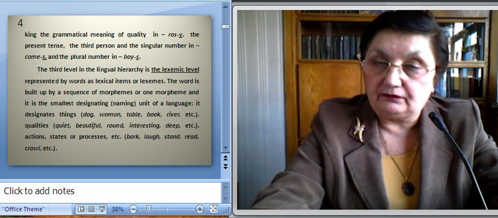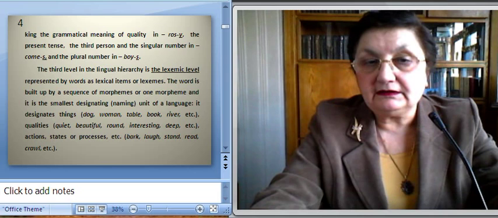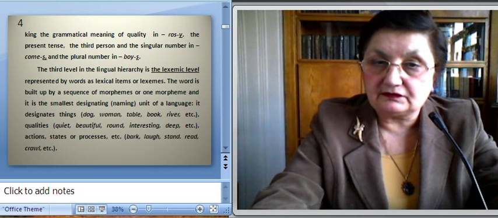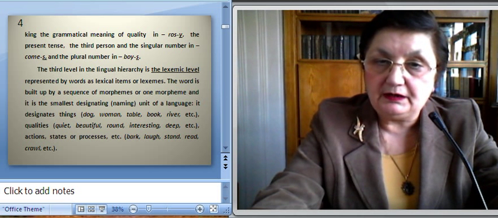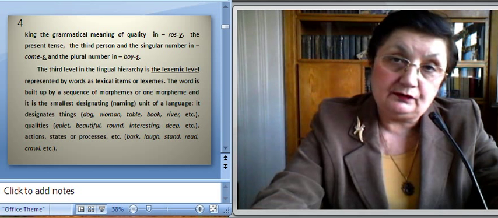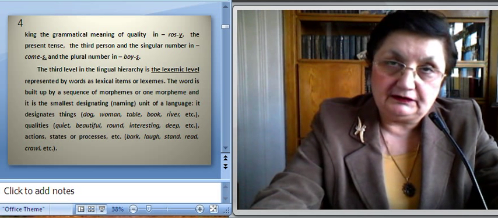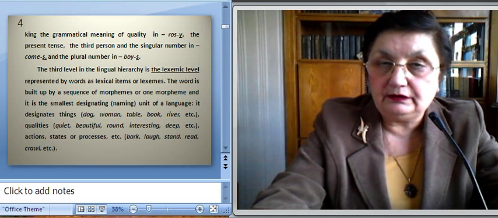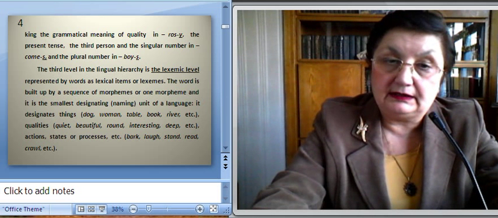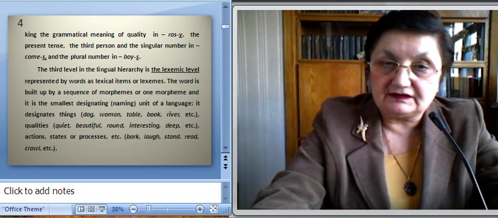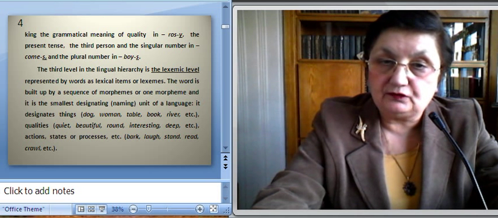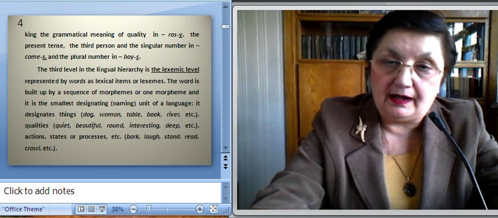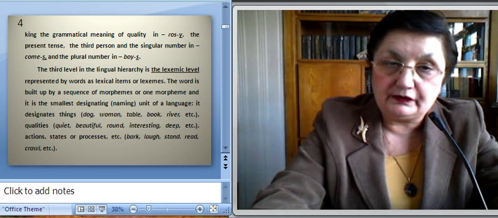It designates things, for instance, dog, boy, table, woman, book, river, etc. Qualities such as quiet, beautiful, round, interesting, deep, and so on. Actions, states or processes, for instance, bark, laugh, stand, read, crawl, etc.